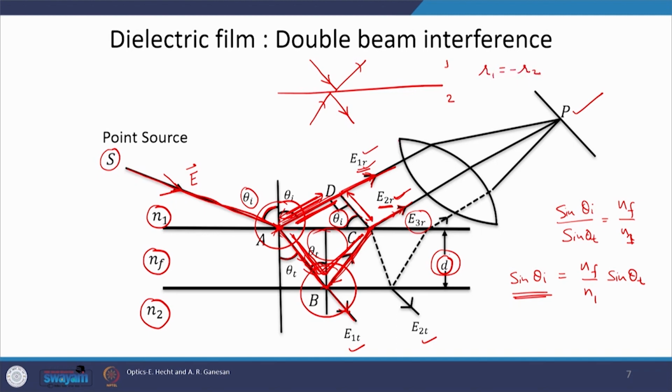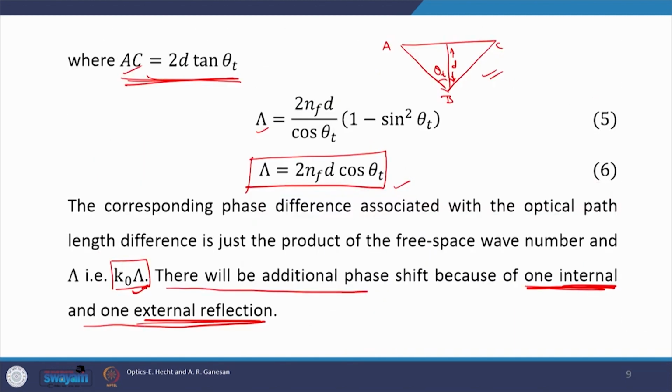It says that between external and internal reflection there would be a phase difference of pi. And this is why in this case also there would be an additional phase shift of pi. That has to be taken into account while calculating the conditions for maxima and minima.